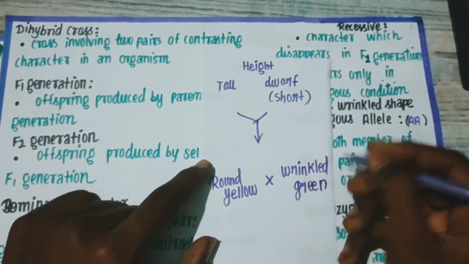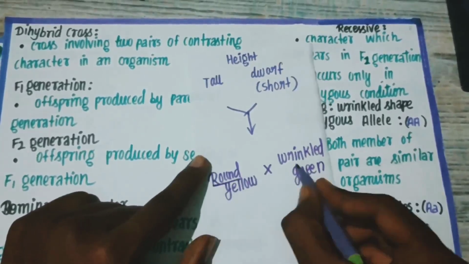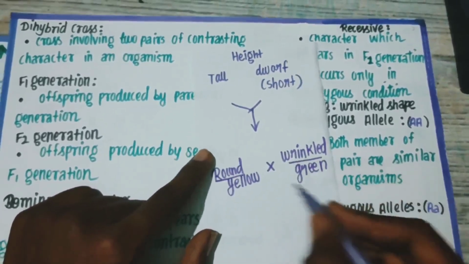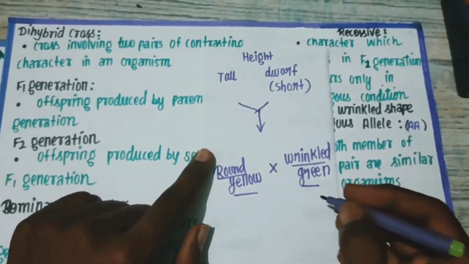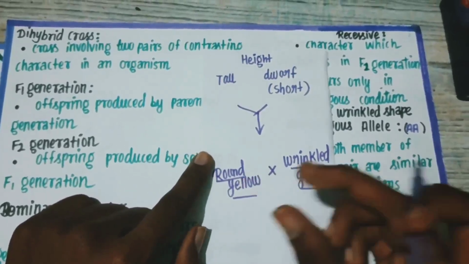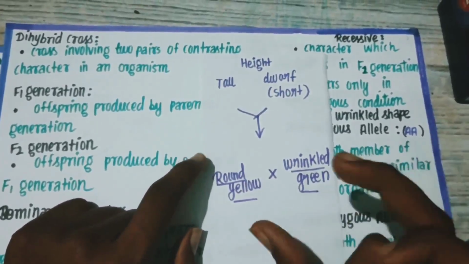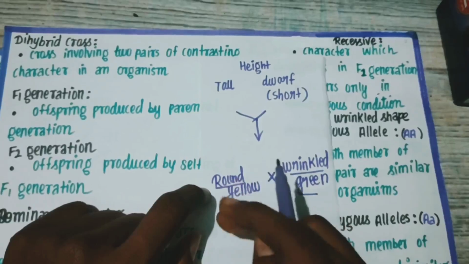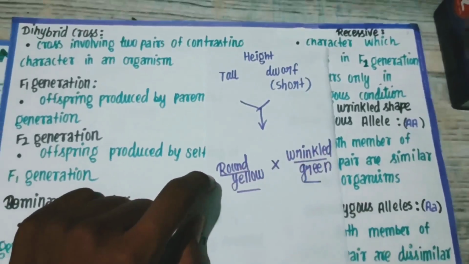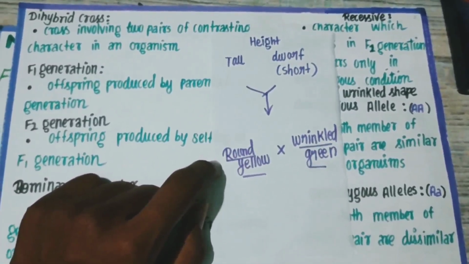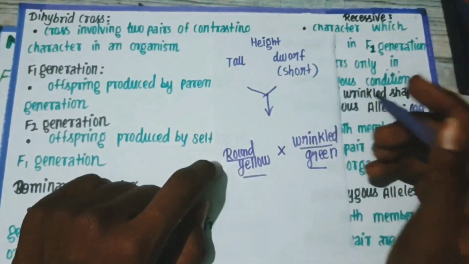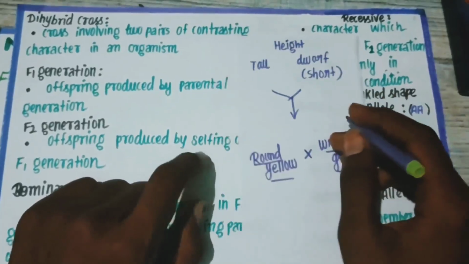You consider the shape of the seed as well as the color of the seed. So this is called a dihybrid cross. A dihybrid cross is the cross involving two pairs of contrasting characters. I hope you can understand this term.